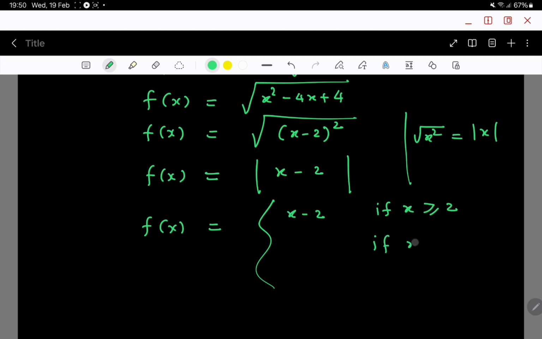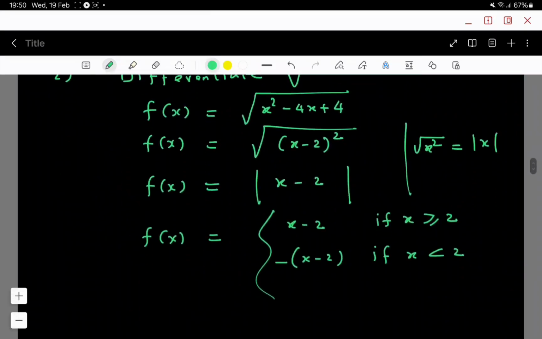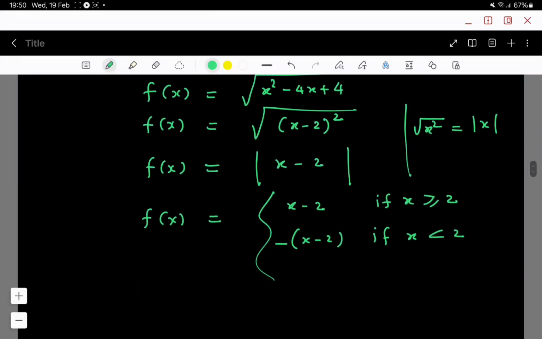If x is less than 2, for all x less than 2 values, x minus 2 is negative. So, we write it as minus of x minus 2. Okay. Because definition of mod of x is, when x is less than 0, mod of x becomes minus x. Okay. Mod of x became two ways.